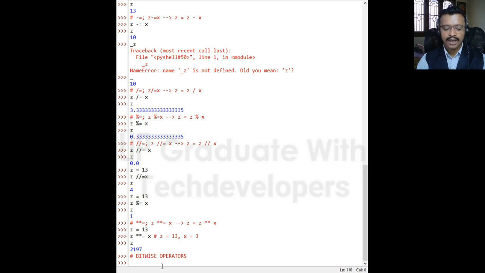Suppose we have the value of x equal to 60 and then the value of y equal to, say for example, 13.